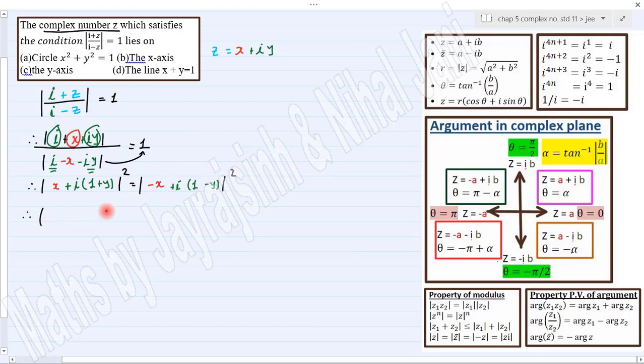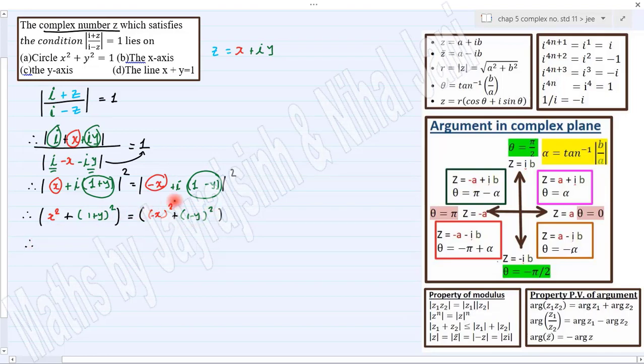On the left hand side, we will get square of the real part, which is x, plus square of the imaginary part, which is 1 plus y. Similarly, on the right hand side, we will get square of the real part, which is minus x, plus square of the imaginary part, which is 1 minus y.